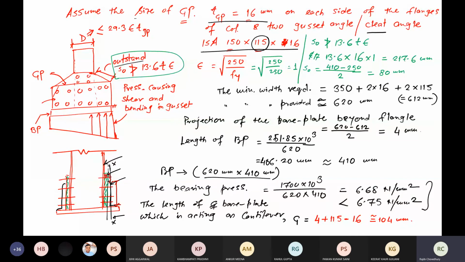Sorry, this is the gusset outstand on the horizontal axis.